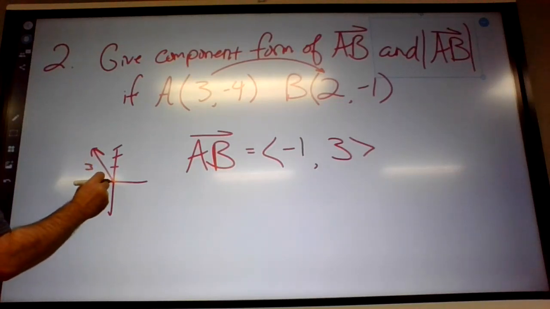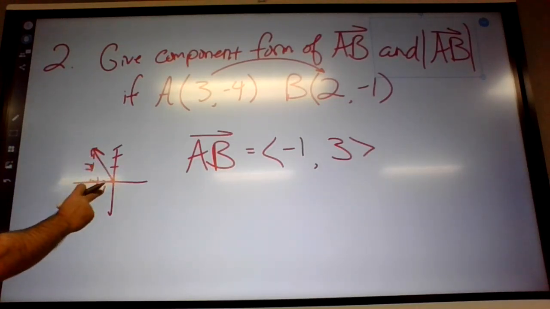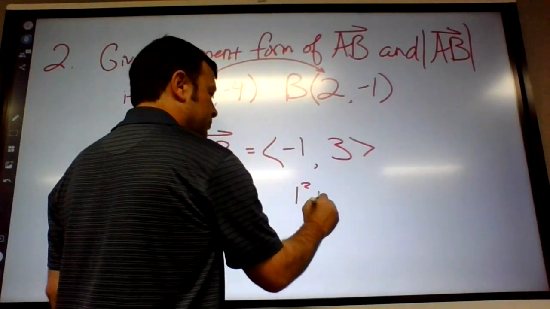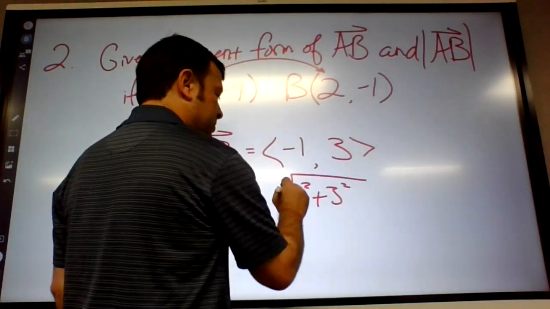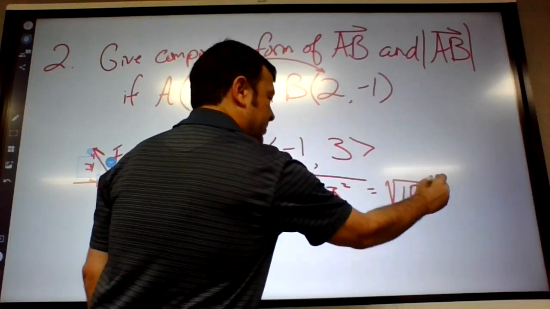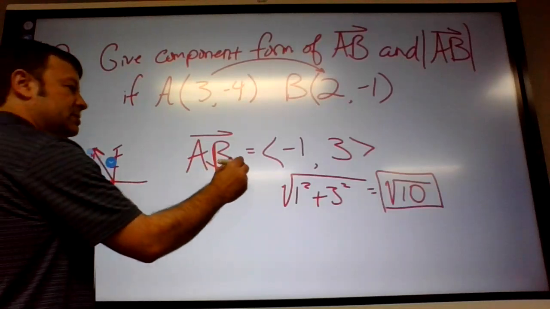To find its length, we basically do the Pythagorean theorem. 1 squared plus 3 squared, and the square root of that, which doesn't come out nicely, so it's just square root of 10.